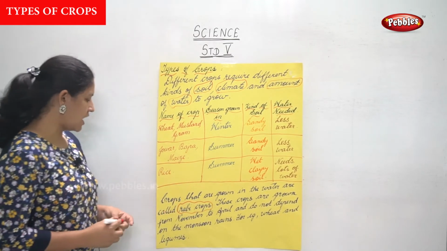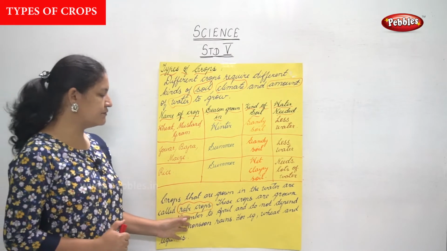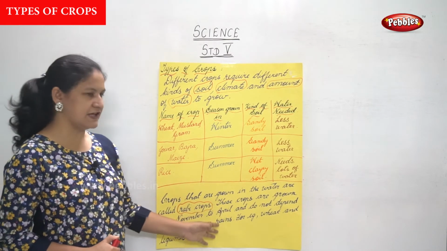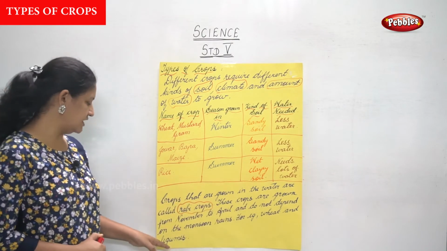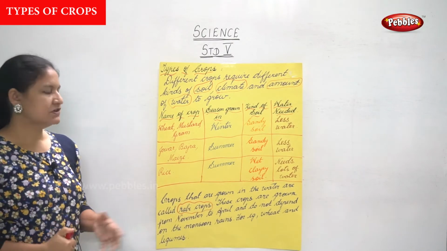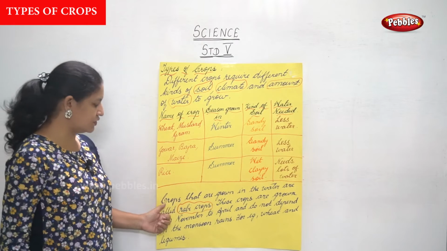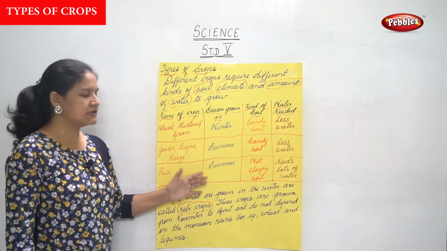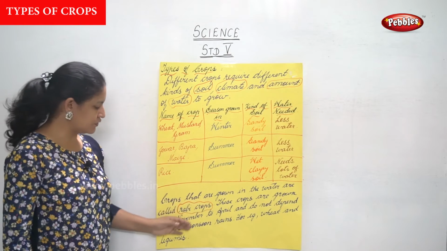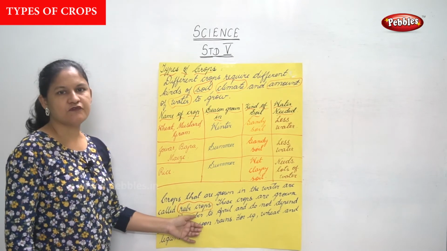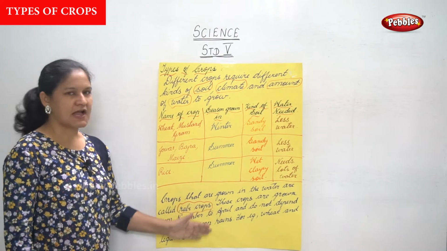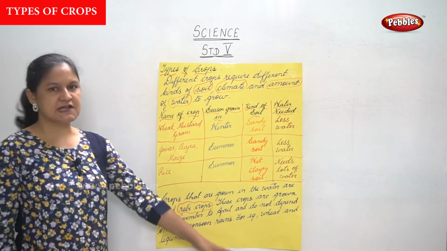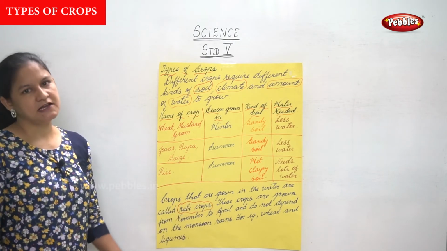These crops are grown from November to April and they do not depend on the monsoon rains. For example, wheat and legumes.